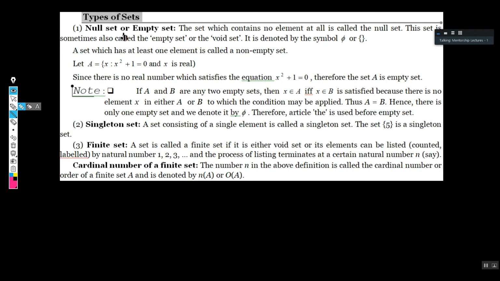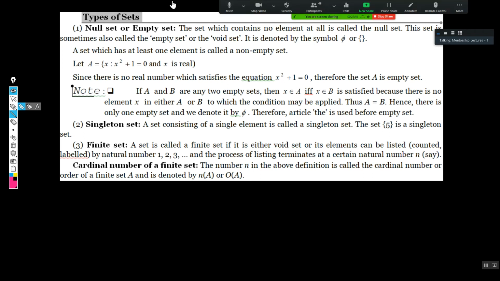There are 47 students in the class today, including me 48. If I ask you, in these 47 students, is there any student who can speak Telugu?